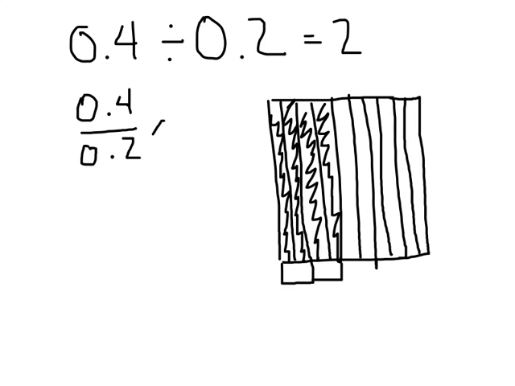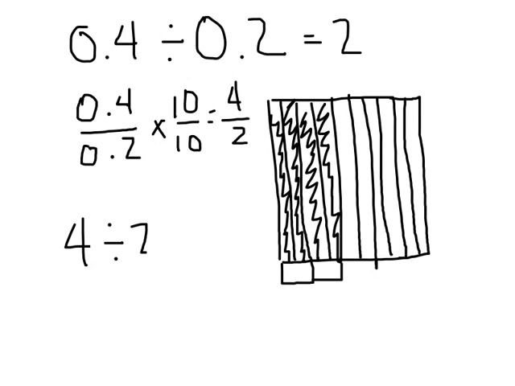So if I multiply times 10 over 10, I'm not changing the value of my division problem. 4/10 times 10 is 4, and 2/10 times 10 is 2. So 4/10 divided by 2/10 is the same as 4 divided by 2.